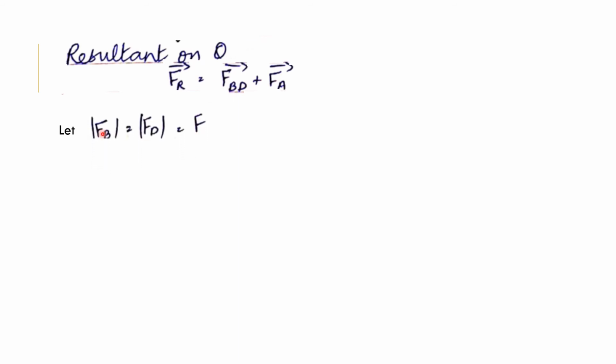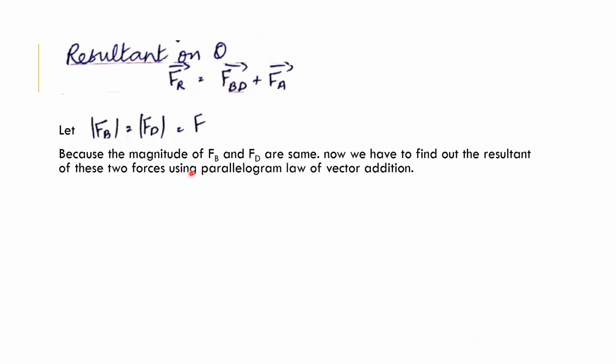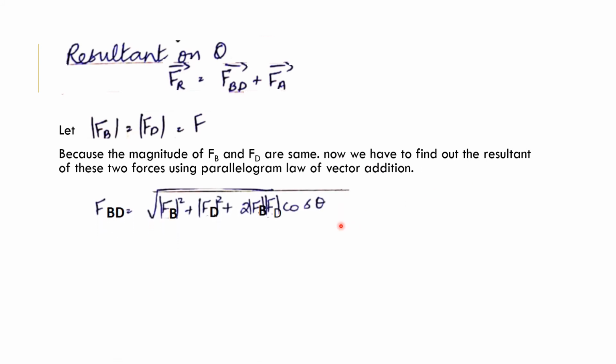Since the magnitudes of FB and FD are the same, we can write FB equal to FD equal to F. From the formula you can note that FB and FD magnitudes are the same. Now we have to find the resultant using the parallelogram law of vector addition. So FBD is equal to square root of magnitude of FB square plus magnitude of FD square plus 2 into magnitude of FB into magnitude of FD into cos theta. Theta is 90.